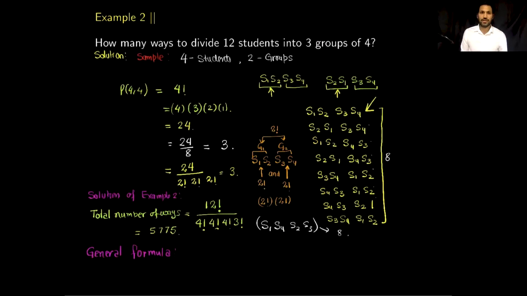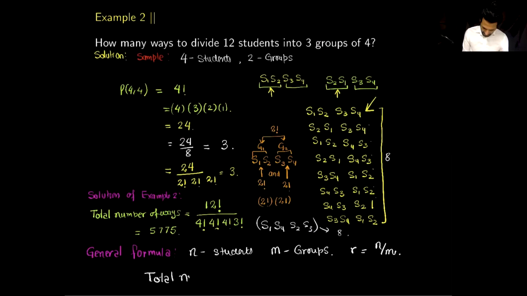We can also write the general formula for this problem. For example, if you have n students, and you have to divide them into m groups, then the number of students in each group, which we will call r, will be n divided by m, the total number of students divided by the total number of groups. Then how many ways can you do it?